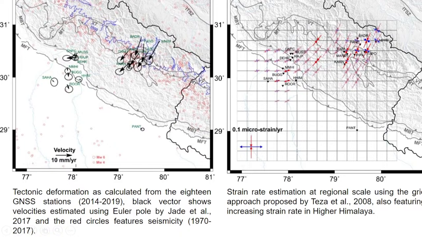So this bright red is basically high confidence significance, and this faint red is giving information about medium significance. But as you can see, more compression is going on in this part of the Himalaya, and less compression in this part of the Himalaya.